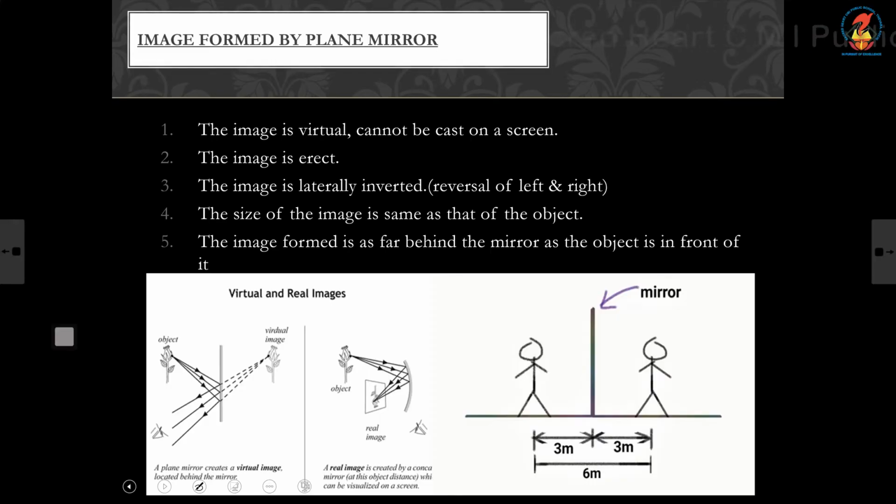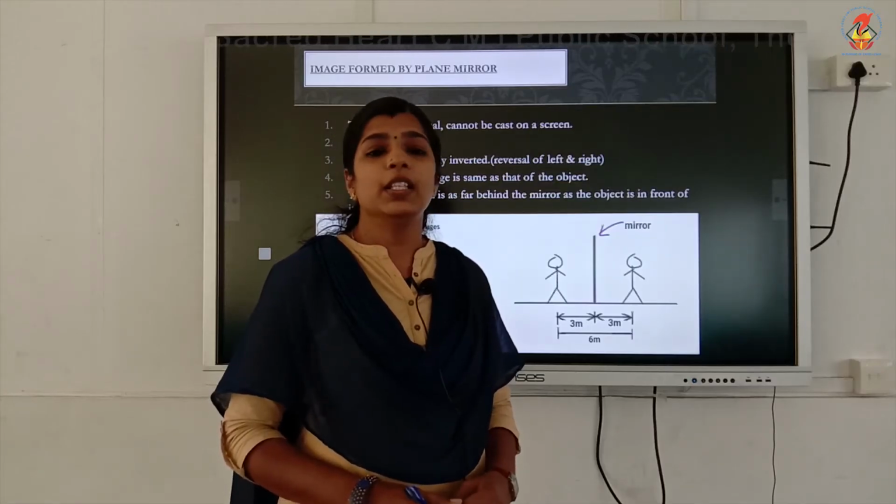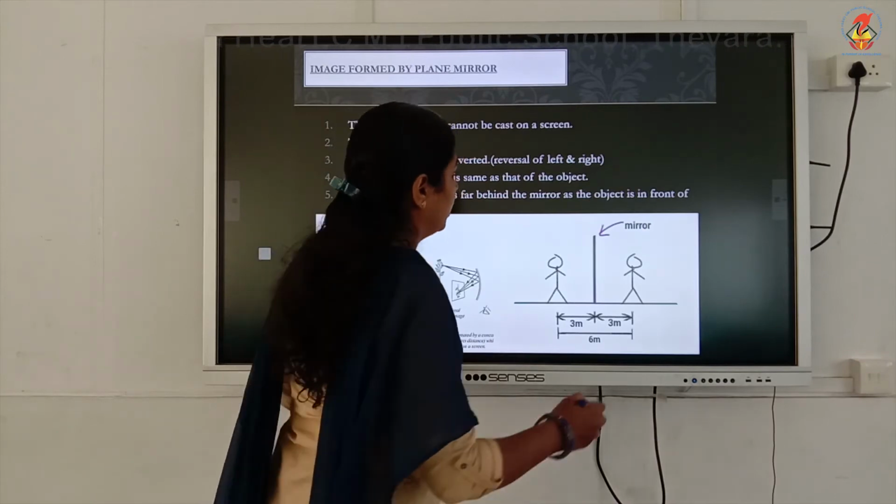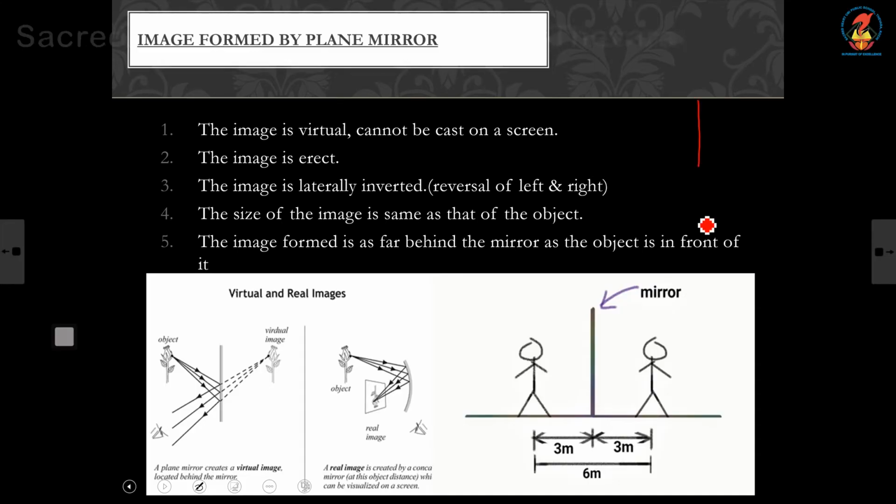Now, what are the characteristics of the image formed by a plane mirror? Plane mirror means the reflecting surface is a straight one. Like this we can draw a plane mirror. This portion is the non-reflecting portion.